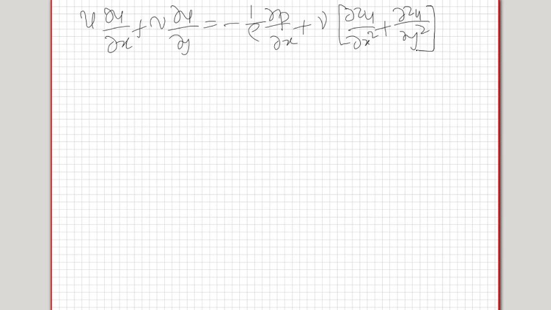Now, since the velocities in the vertical direction, that is the y direction, are extremely small compared to those in the x direction, the other equation, which will be u del v by del x plus v del v by del y, the entire equation can be neglected because the velocities in those directions are not important. This will then mean the pressure term there, 1 by rho del p by del y, is much less than the terms in the x momentum equation. So we'll say that this pressure term is very small.